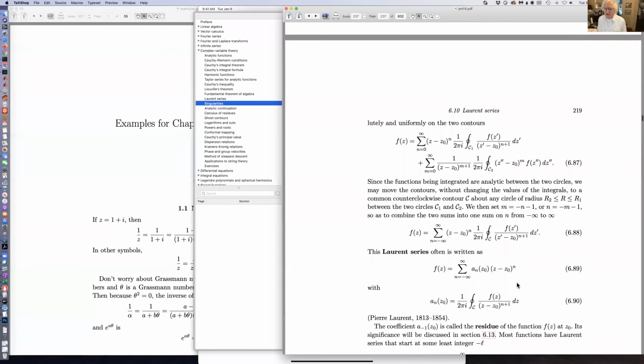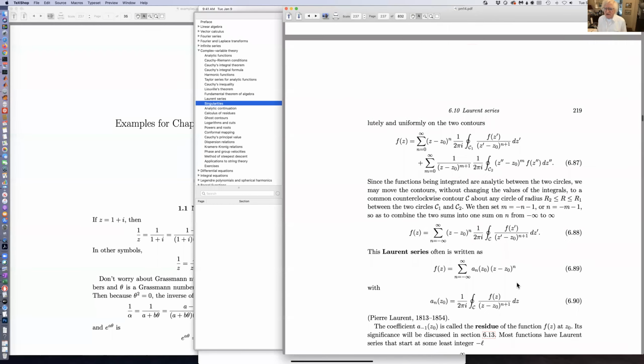Now, normally, if you have a nice function, there are no terms with negative n, or if there are, you might have minus 13, but you don't go down to minus infinity. But you do if you have an essential singularity.